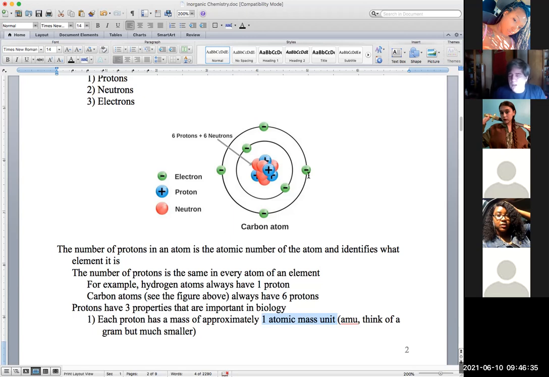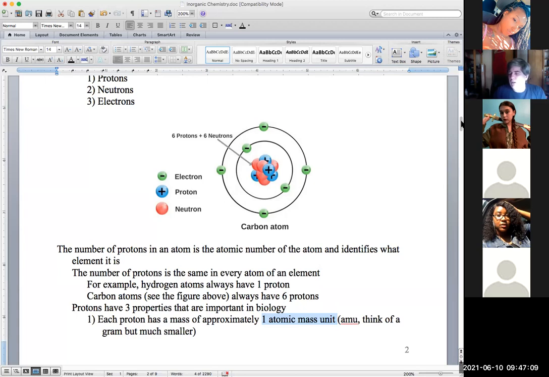If we know the protons plus the neutrons, we add them, we get the mass. If we know the mass and the protons, say I tell you that there's a type of carbon that has a mass of 14, and there really is. Since it's carbon, it still has 6 protons. So if we take an atom of carbon 14, we take 14 minus 6 for the protons, there are 8 neutrons in that atom of carbon.